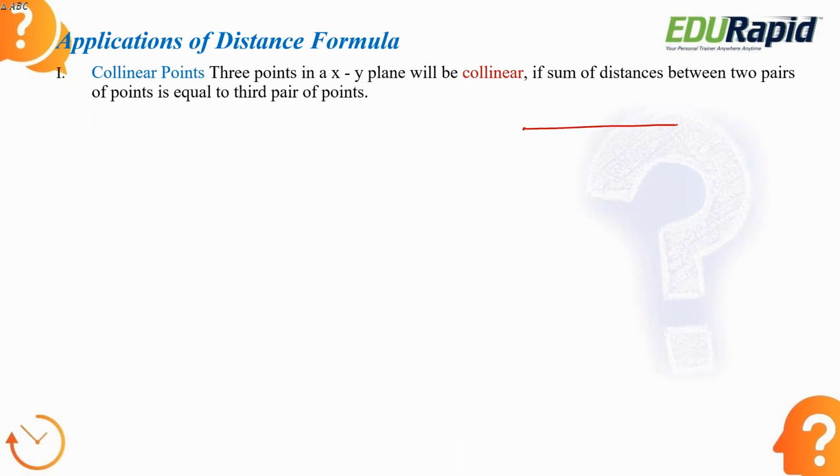For example, if I consider a straight line like this, and if I say there are 3 points, A, B, and C, then I can say these are collinear if the distance AB plus BC is equal to AC. This is a condition. If this holds true, then I can say that A, B, C are collinear points.